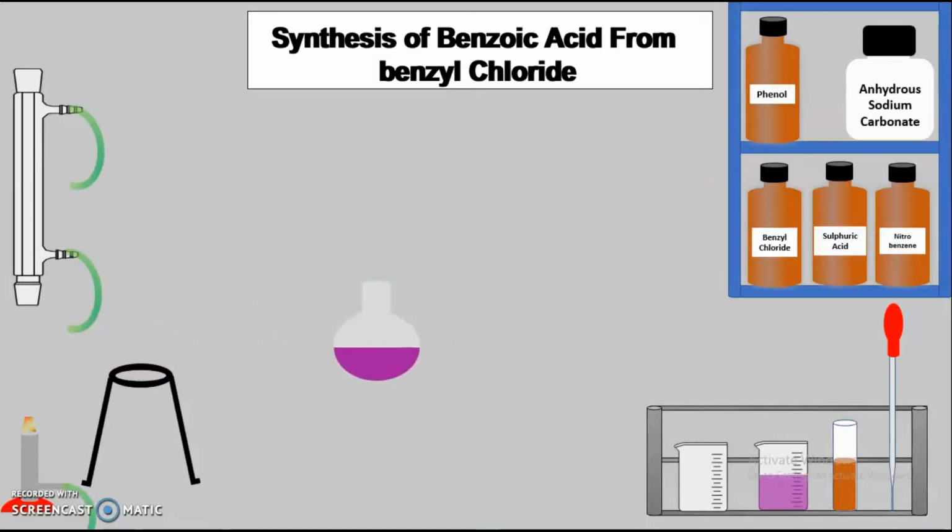So here in this solution we are going to carry out the addition of sodium sulfide liquid. So here you can see that we are going to carry out the addition of sodium sulfide. Once sodium sulfide solution is added, whatever manganese dioxide that is formed will get dissolved, and the benzoic acid crystals that are formed will appear.